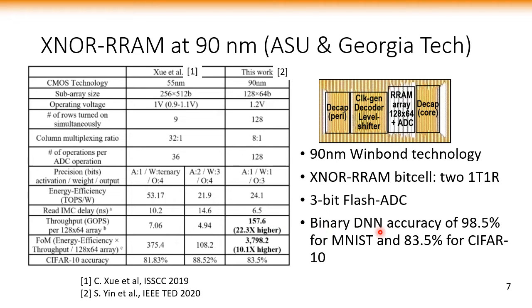But we do see some degradation in the CIFAR10 accuracy. Typically for the CIFAR10 dataset, the software baseline can achieve 90% accuracy, but in our testing, only about 83% accuracy can be achieved. This suffers from noise and variations, as we will discuss later.